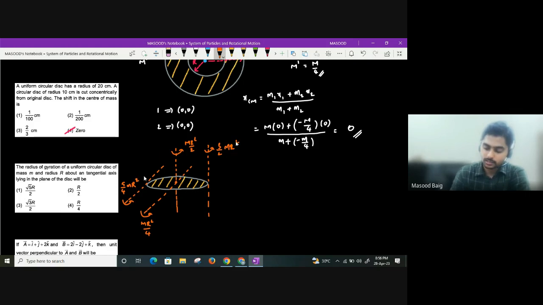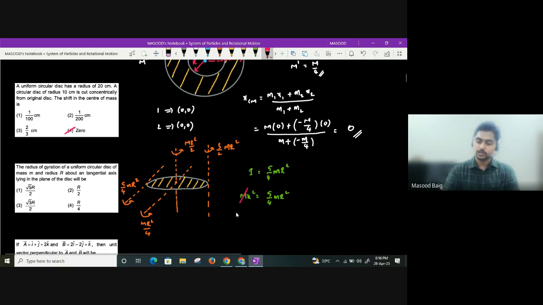So what are they asking? They're asking us to find the radius of gyration for a disk about a tangential axis lying in the plane. So this axis they are asking. So what is the moment of inertia about a tangential axis? 5 by 4 mr square. And I said just now, moment of inertia about any axis can be represented as mass times radius of gyration whole square, which is 5 by 4 mr square.